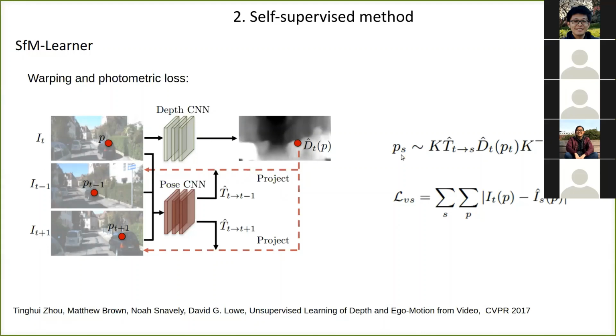Okay. Then we can have the photometric loss of these 2 frames. By combining them together and optimizing the photometric loss, we can optimize the weights in the 2 neural networks and further improve the estimation of the depth and camera pose.